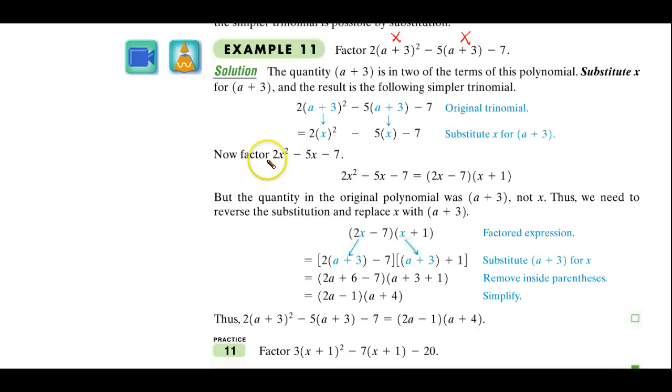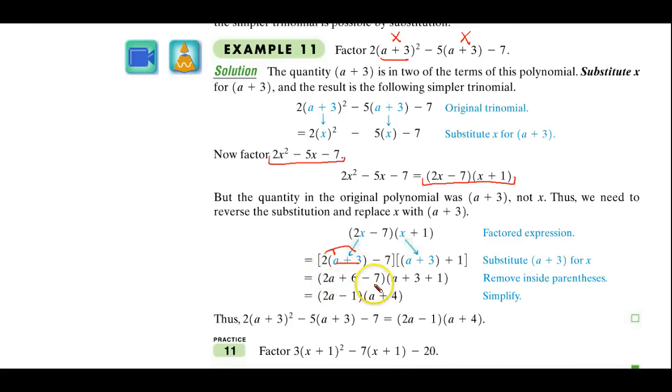So when we write it, we get this. Now, we do factor that into this. And now that we have factored that, we're going to put what x was originally, a plus 3, back in there. We're going to distribute, get this.